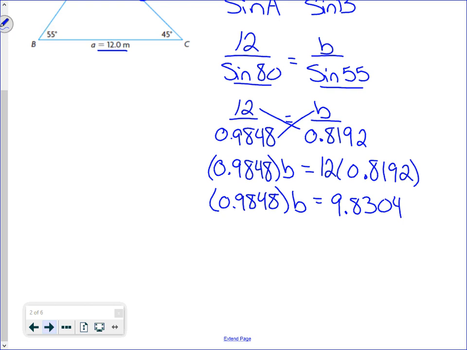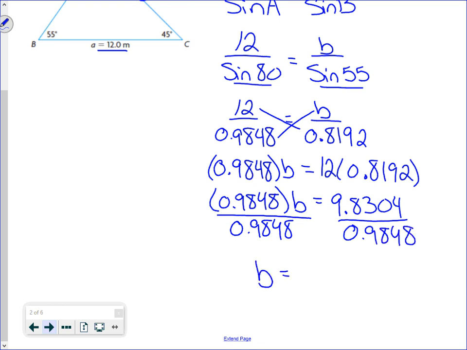Now, the last thing I want to do to find the value of b is to divide by 0.9848. On this first side, those two values are the same, so they divide out. And on this right-hand side, when we divide this, we get an answer of 9.98.